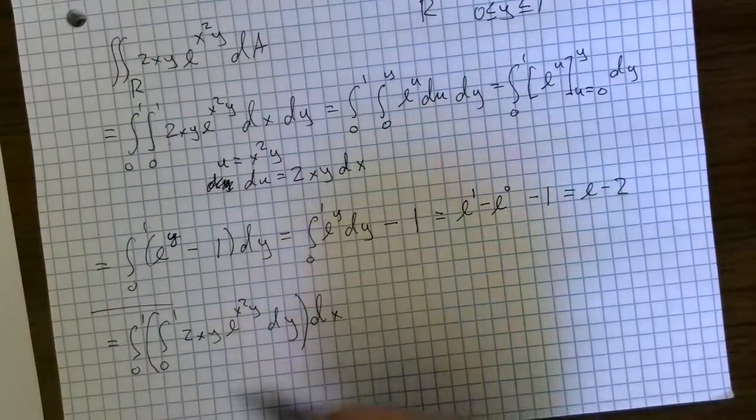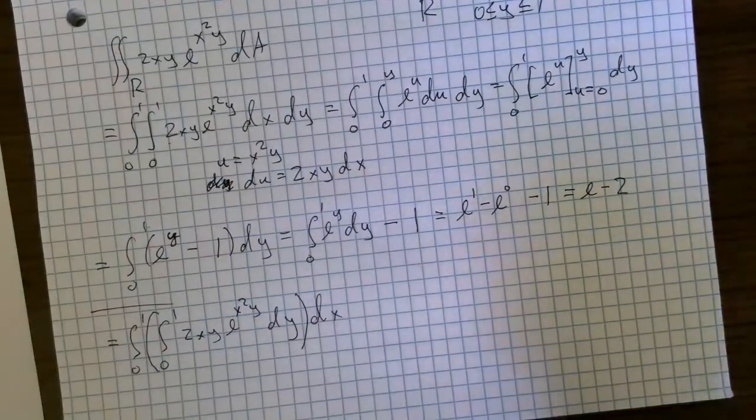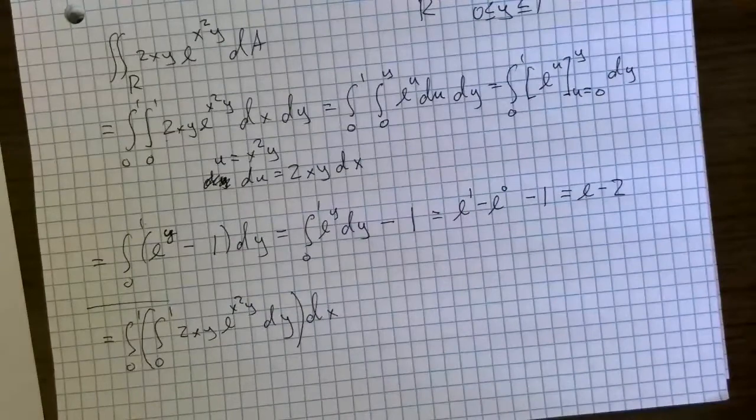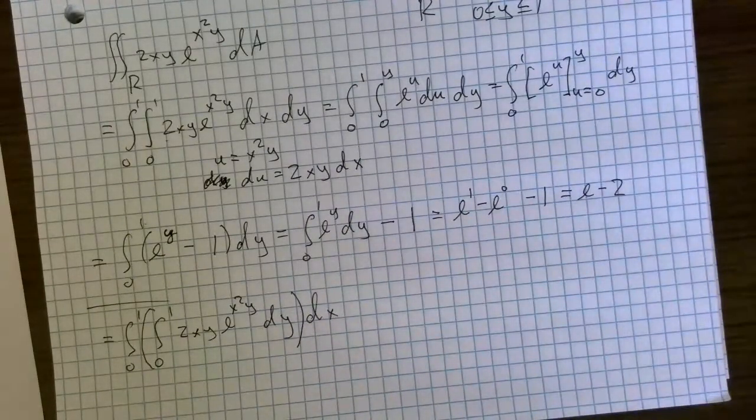I would get 2x dy, so this y would still be there. I wouldn't be able to get rid of it. The u substitution wouldn't really help me all that much. I would still have to do integration by parts.